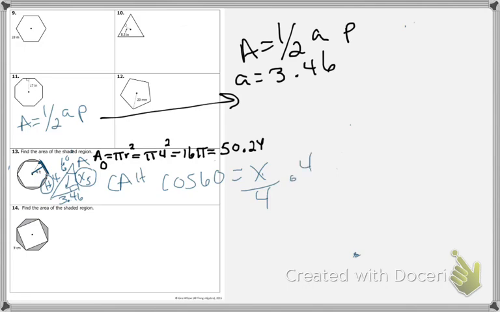Same thing, multiply both sides times 4, and we have x is equal to 2.